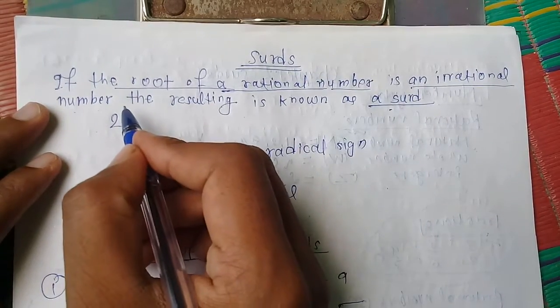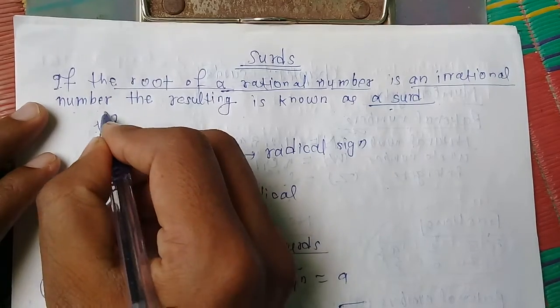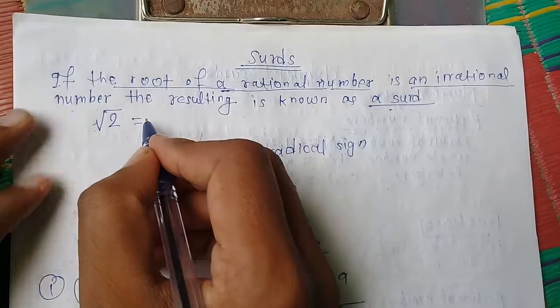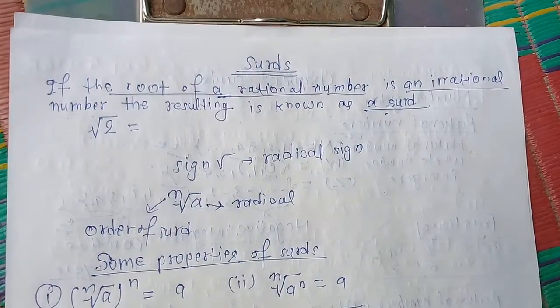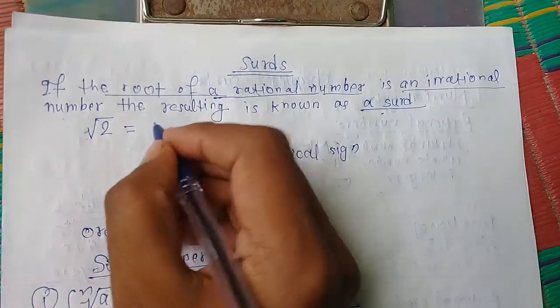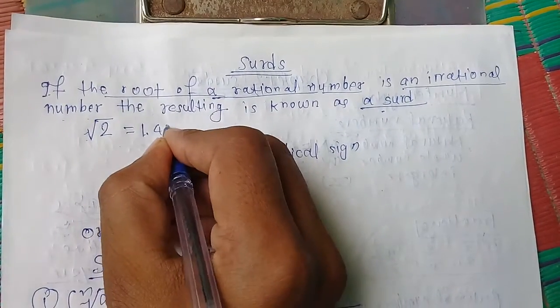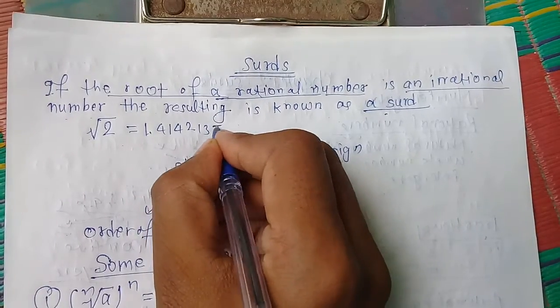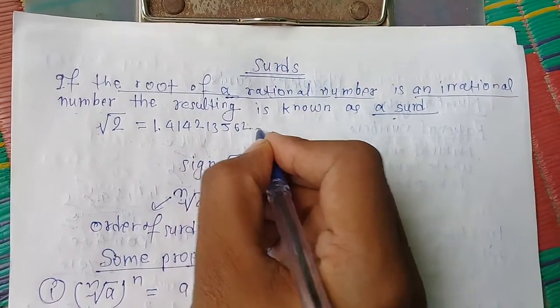After taking the root it gives an irrational number, that is, a non-terminating and non-recurring decimal: 1.4142135622, and so on.